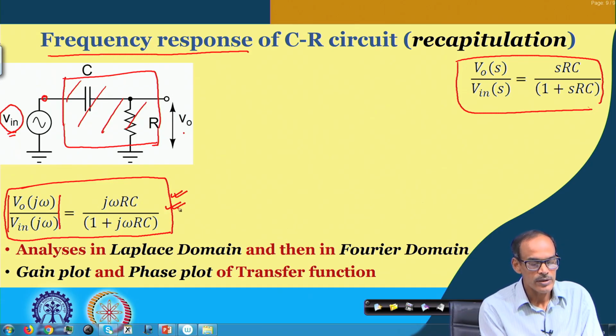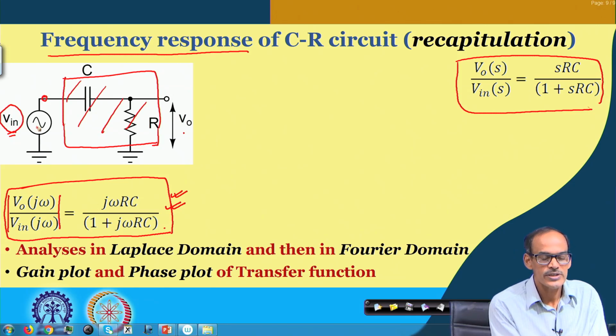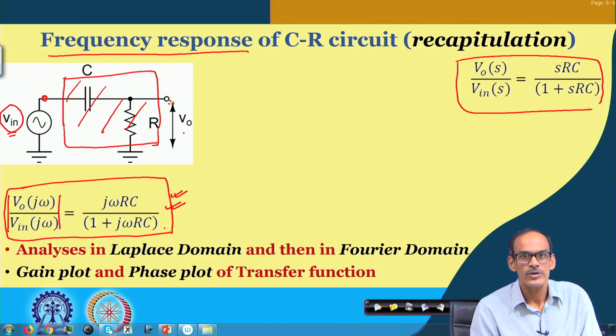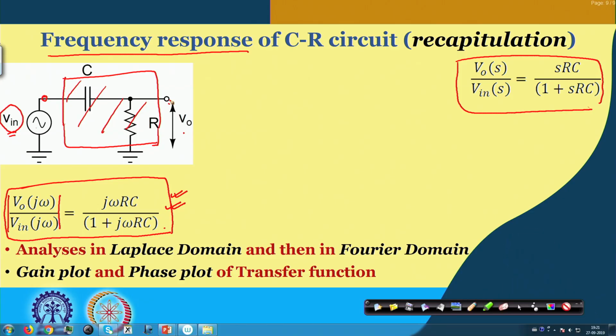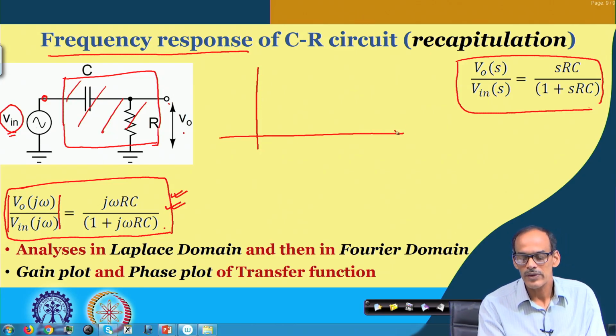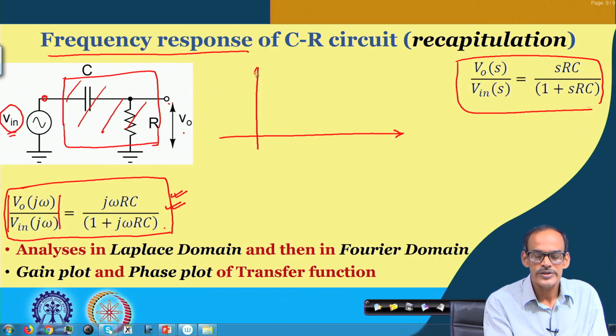So, if we make a plot of this function with omega, then we can see how the individual signal gets transformed before it arrives at the output. If we plot the frequency response, since it is a complex number, it has two parts: the magnitude part and the phase part.